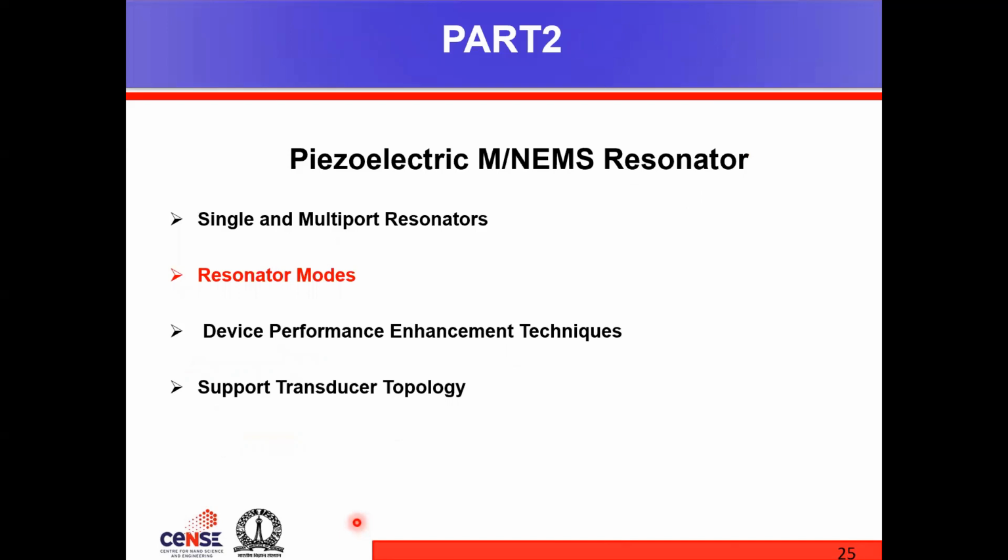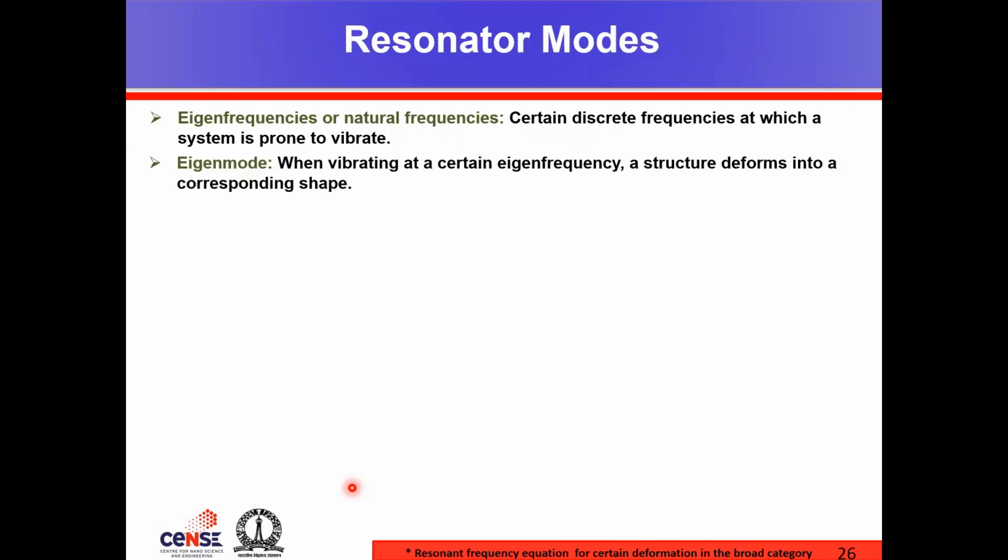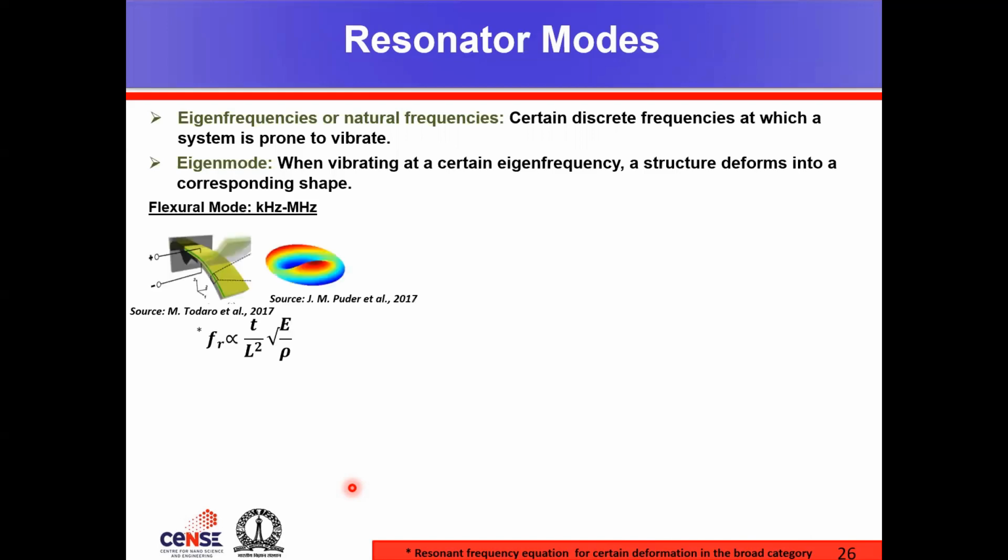So next we shall move over to an overview of different resonant modes. Before moving into the resonator mode analysis itself, it is important to familiarize with two terms that are commonly used: the eigenfrequency and the eigenmode. In this particular slide, please note that I'm not going into details of the resonator modes, and also only generic equations are given and common resonator mode shapes are shown for a given category.